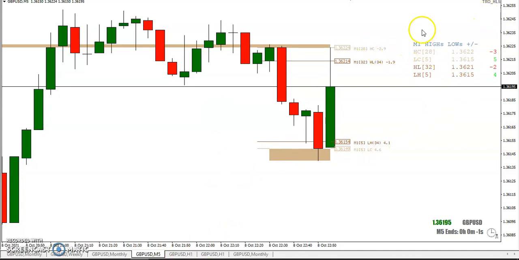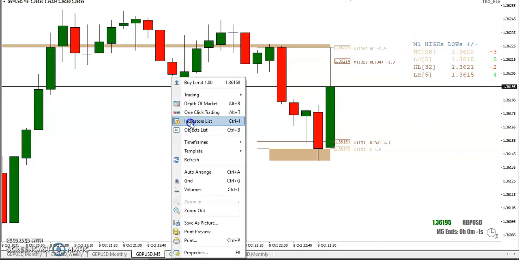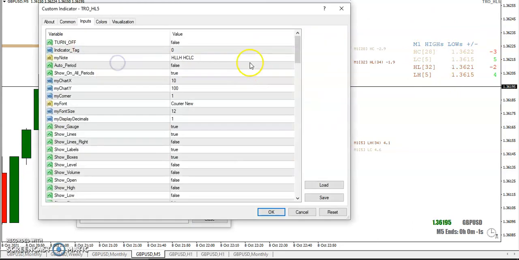But instead of having the gauge, I actually now have this information right here on the chart. So it's a little more handy, especially because screen real estate is definitely at a premium.